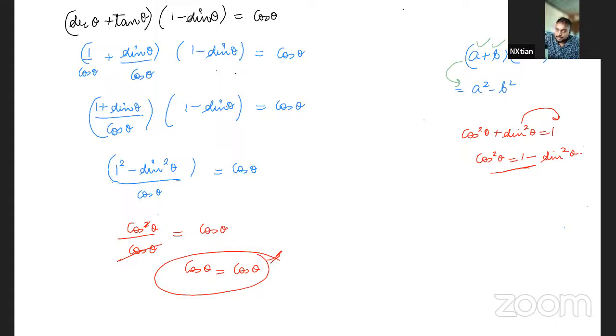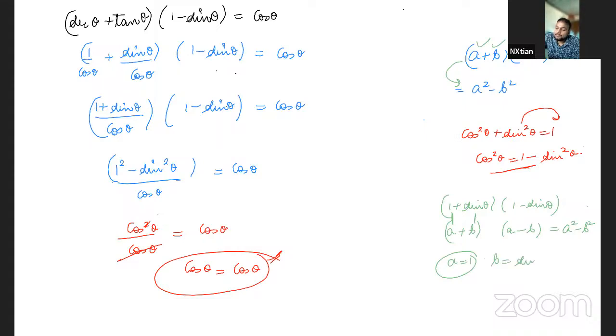This is an identity. So if I compare (1 plus sine theta) multiplied by (1 minus sine theta) with (a plus b) into (a minus b), then it will become a square minus b square. So a is 1 and b is sine theta.